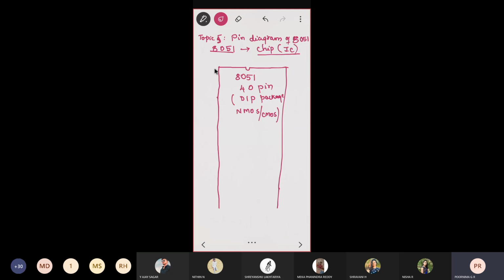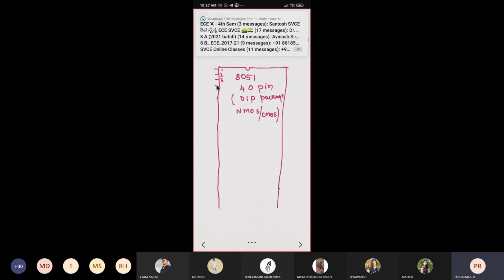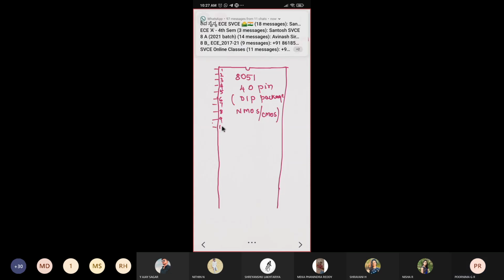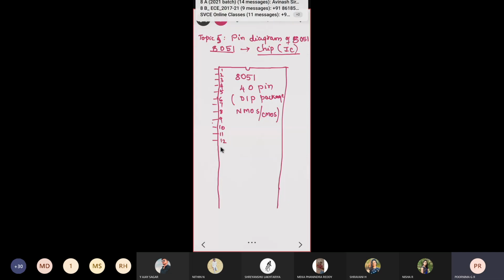The left topmost corner pin will be 1, 2, 3. It will increase like this: 4, 5, 6, 7, 8, 9, 10, 11, 12, 13.